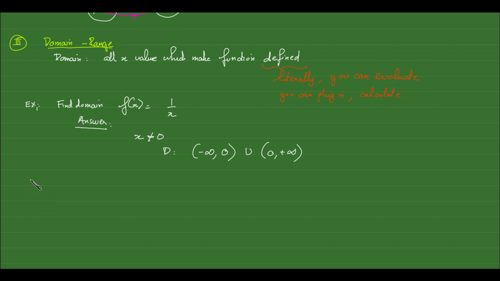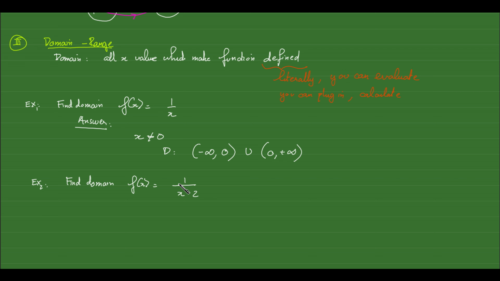How about this one? What value doesn't work? 2, right? Because 2 minus 2 is 0, and 1 divided by 0 doesn't work.